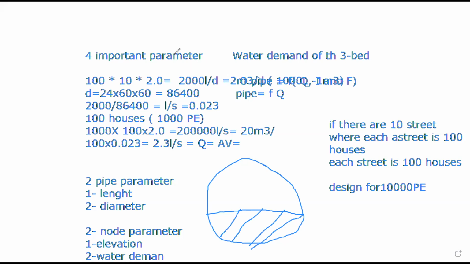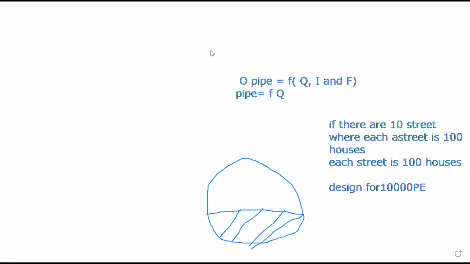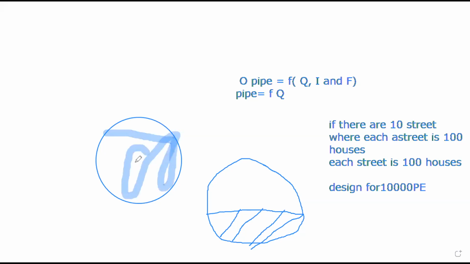And designer B designs his water, and the water level is here. In other words, all this is water.